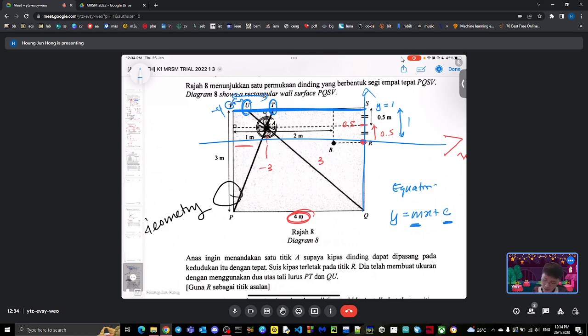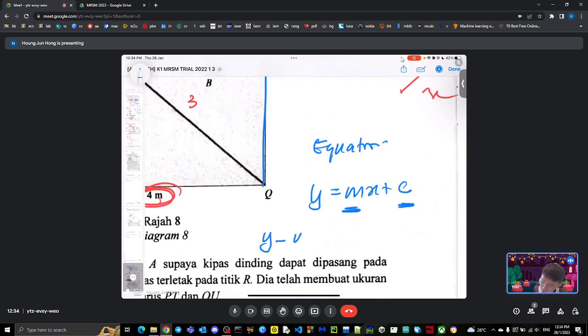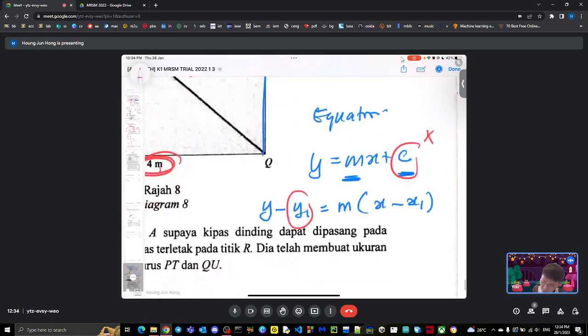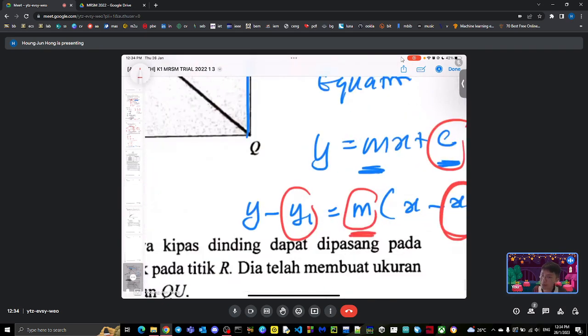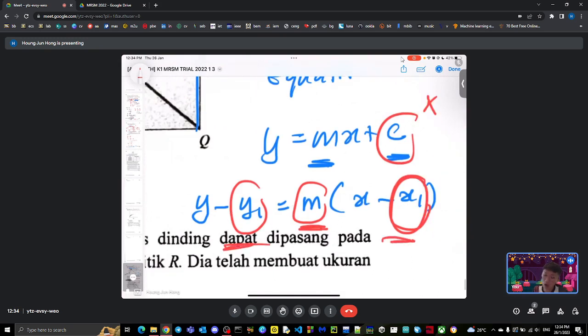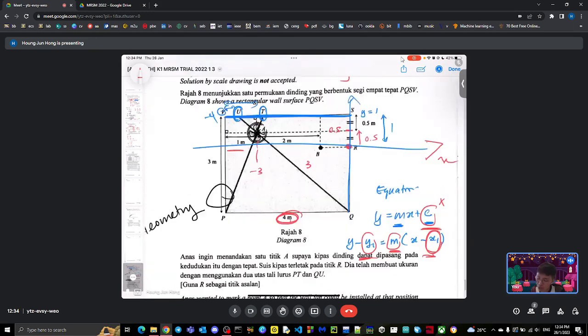Alternatively, you can also use y minus y1 equals m times x minus x1, in which you don't need the y-intercept. You don't need the y-intercept, but you need a set of coordinates. So if you can find me m and a set of coordinates, or maybe even the c, the y-intercept, then you can form the equation for UQ and PT.